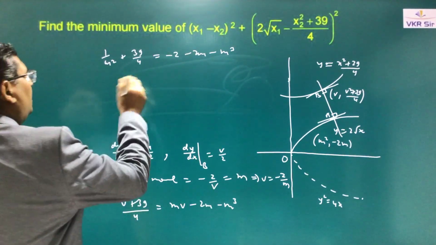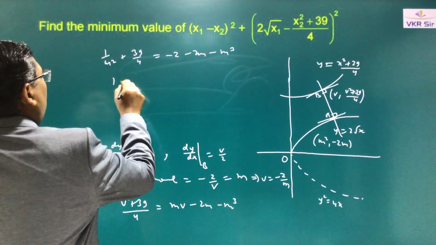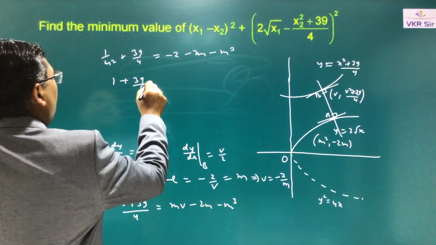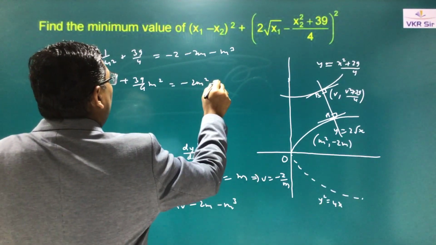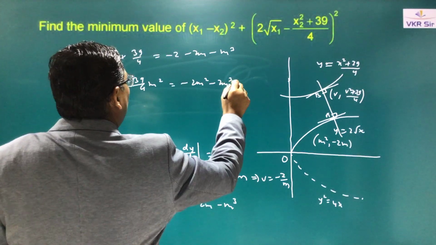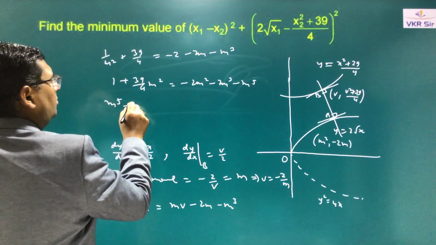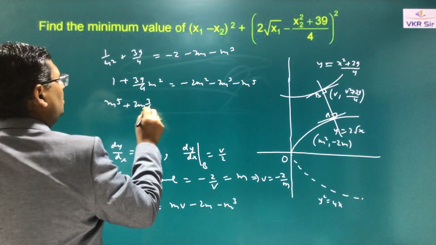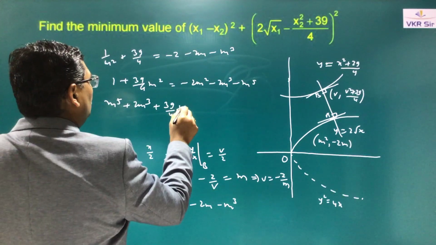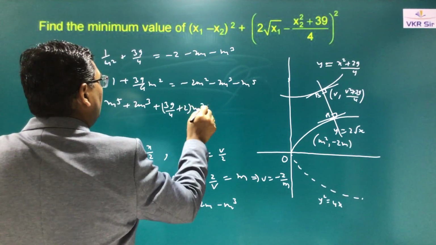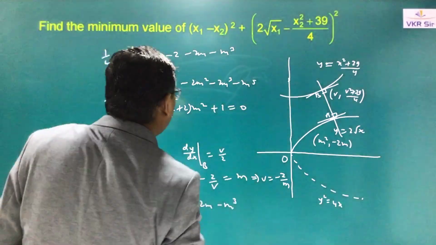So this is again, we cross multiply. 1 plus 39 by 4 m square is equal to minus 2m square minus 2m cube minus m5. So bring it this side. m5 plus 2m cube plus 39 by 4 plus 2 m square plus 1 equal to 0. Okay.